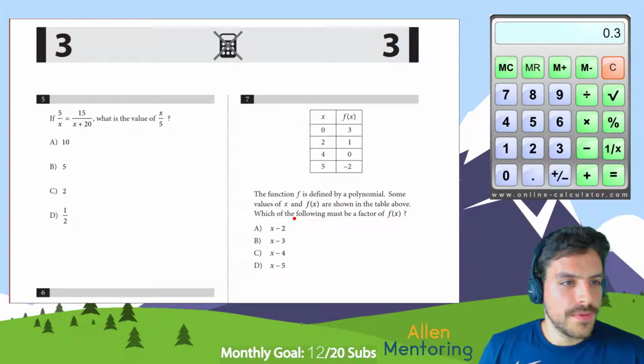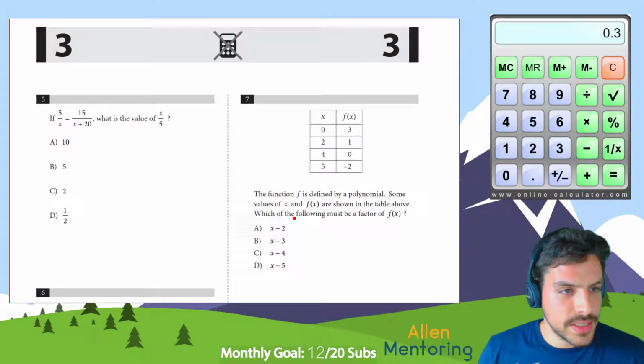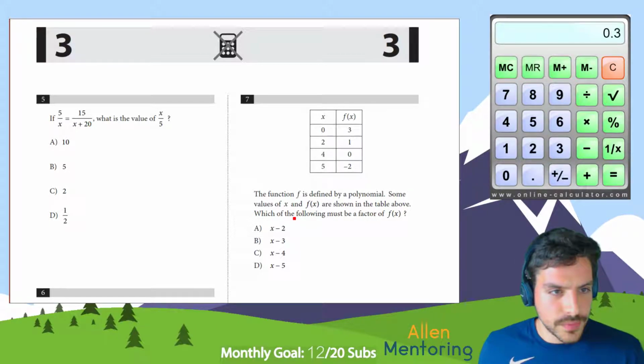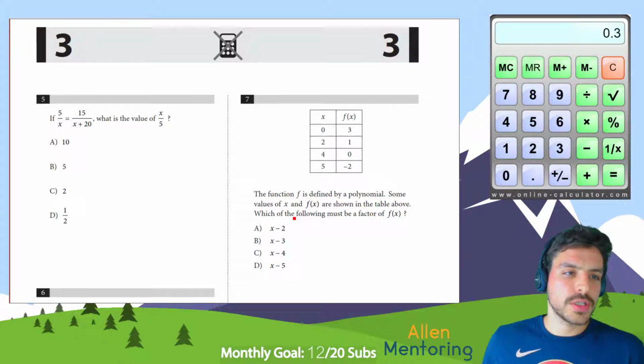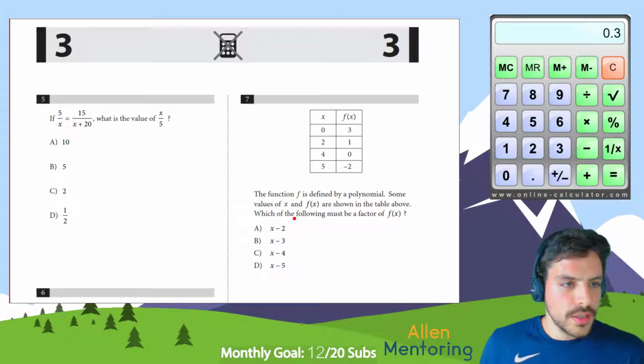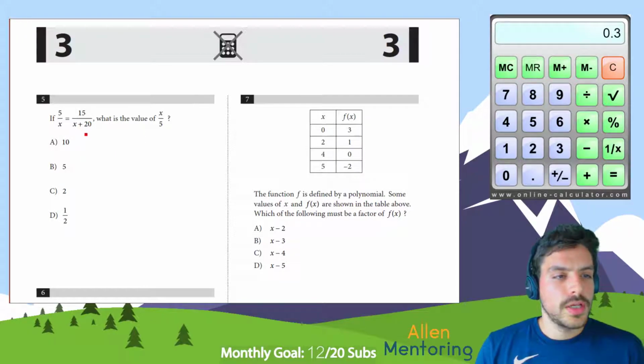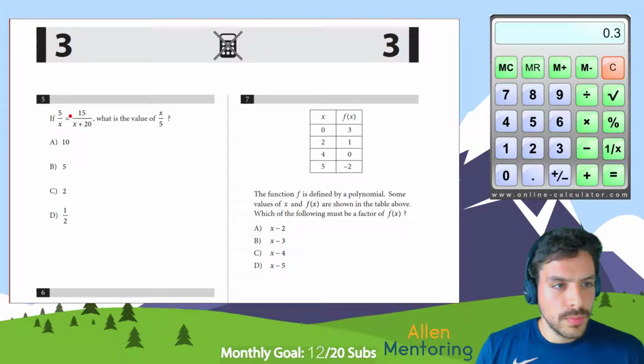All right, number 5. If 5 over x is equal to x plus 20, what is the value of x over 5? Alrighty, so in this case, we could just solve for x and see what we get. So how do you solve fractional algebra problems? Well, my favorite method, as I'm sure you've learned, is called cross multiplication.